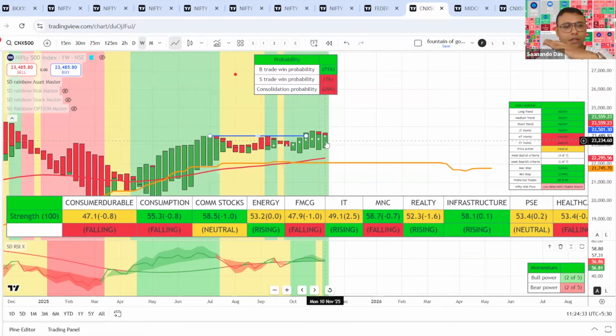Okay, this is a shallow correction, but it will come back. So this is the scaring period. Now we have to differentiate which stocks are scaring, kaun sa dara raha hai, and which one is really weak, where the risk is. So differentiate between the scare and the risk. And that means each stock is considered individually.